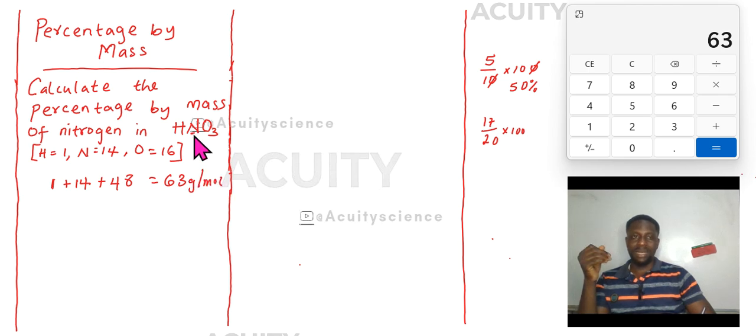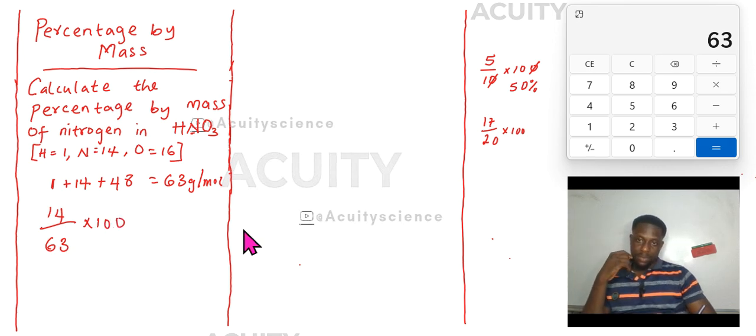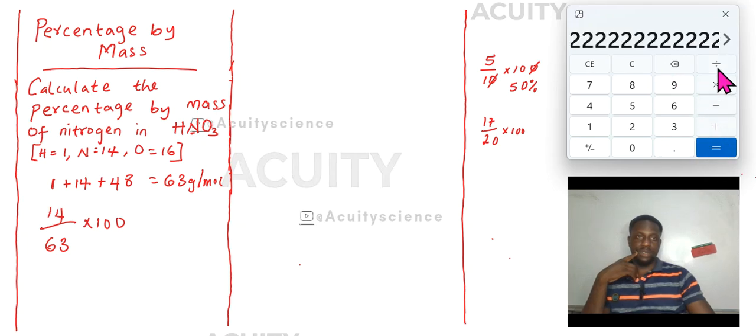Okay, so now let's take out nitrogen. Nitrogen is 14 out of that 63, then multiply by 100. Okay, so I would just say 14 divided by 63 equals whatever it is, divided by 100.